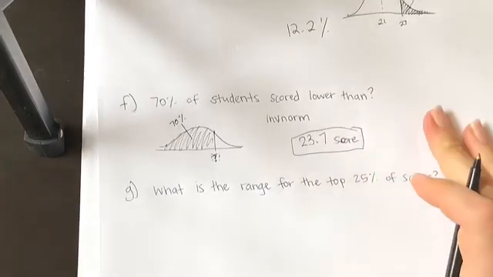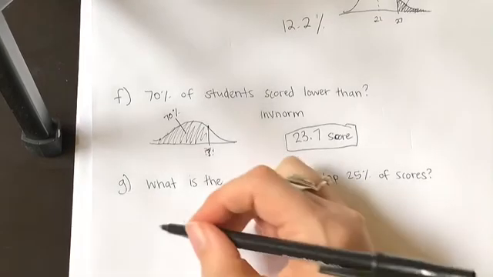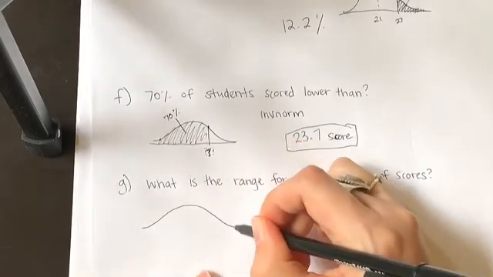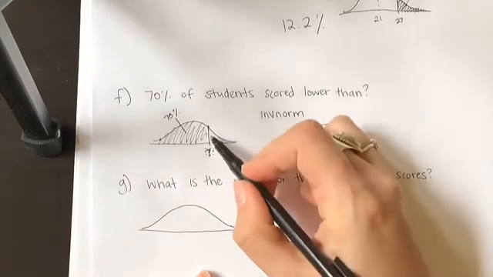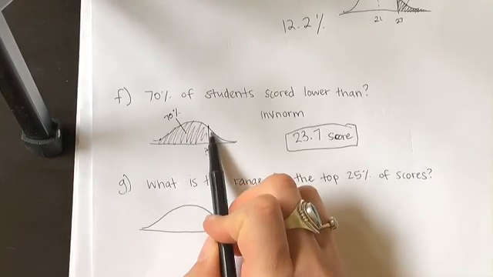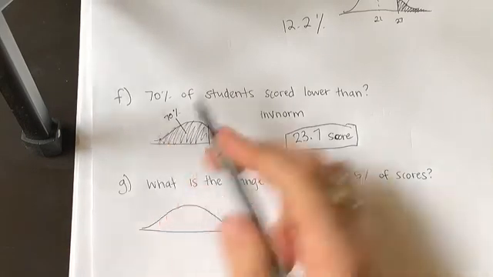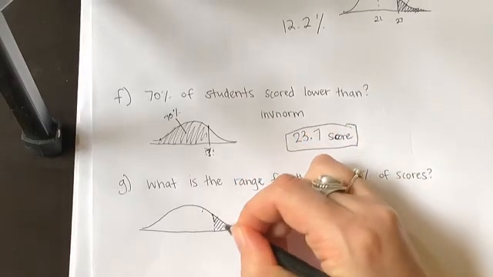So let's do one more like that. Let's say, what is the range of the top 25%? On this type of question, the inverse norm works on the lower end. So if you give an area, it gives everything to the left of that. But on this question, they're saying, what's the top 25%?